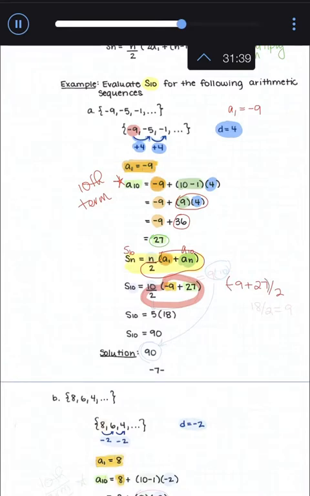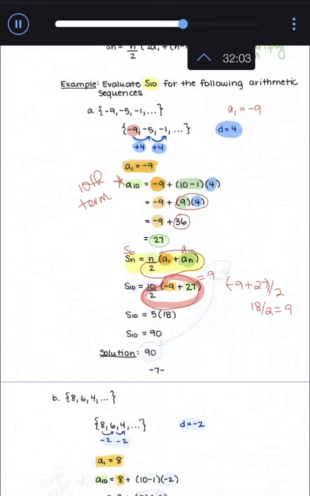Negative 9 plus 27 will give me 18. Divided by 2 will give me 9. So this whole piece over here will give me a 9.